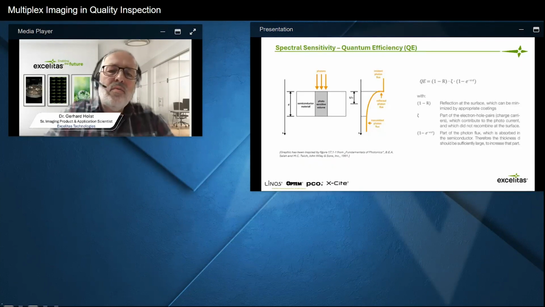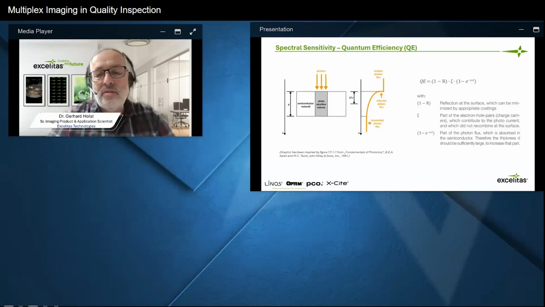And there is one parameter that describes the sensitivity of this effect, and this is the quantum efficiency. And the quantum efficiency is influenced by a couple of different things. If the photons arrive at the surface of the semiconductor material, then part of this radiation is reflected. So there's a certain loss due to reflection.